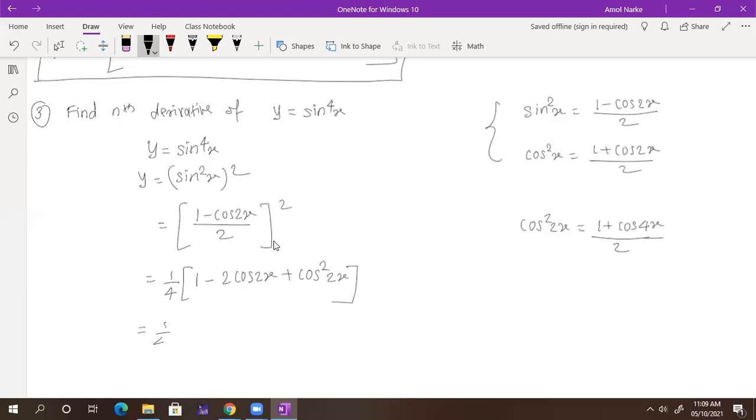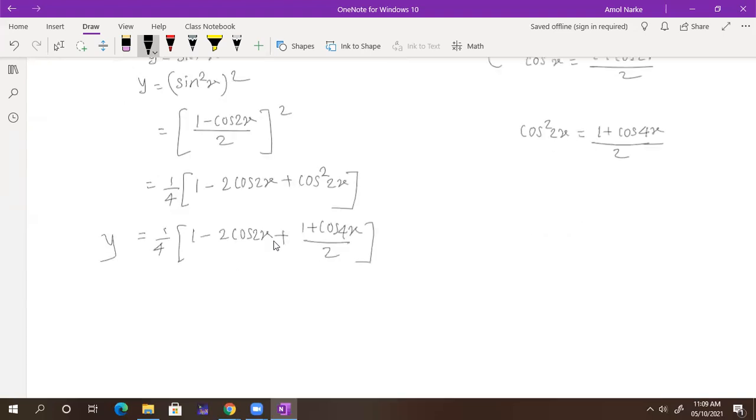So it is 1 by 4 as it is, 1 minus 2 cos 2x plus this formula, it is nothing but (1 plus cos 4x) divided by 2. This is how I simplified my y. Now I multiply 1 by 4 inside.